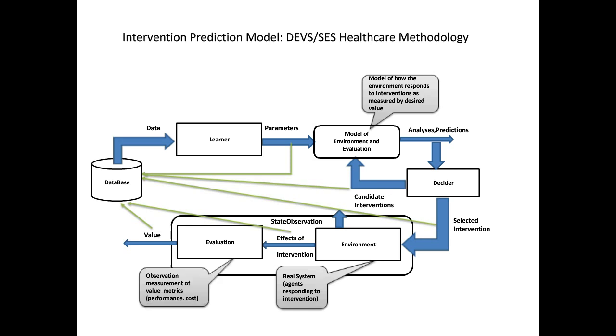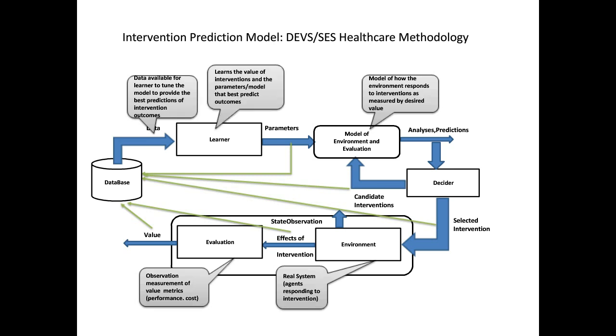And the effects of the intervention are observed and evaluated. And all the interactions involved in the system are stored and eventually become available as data to a learning system that is trying to estimate what the parameter values are for the model to enable it to support better and better predictions, better decisions made by the decision maker.